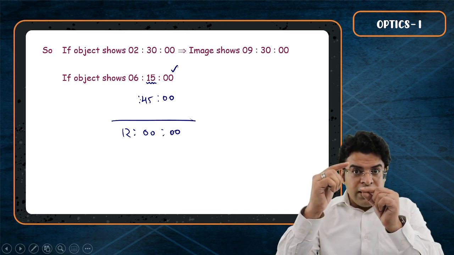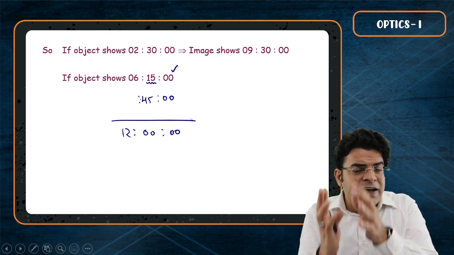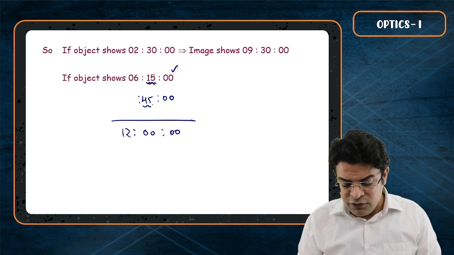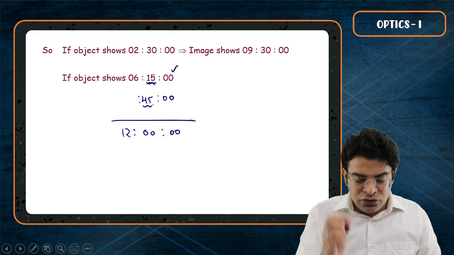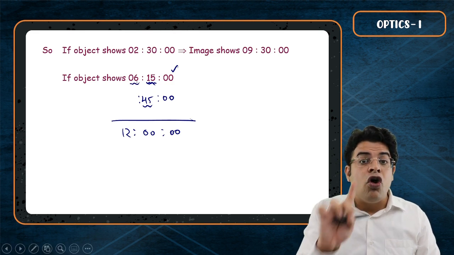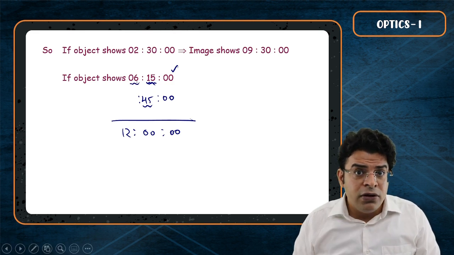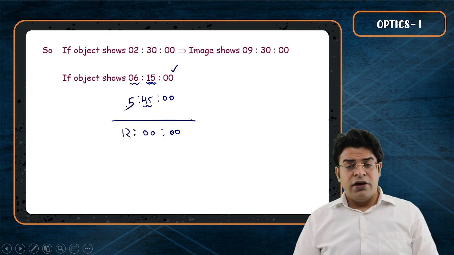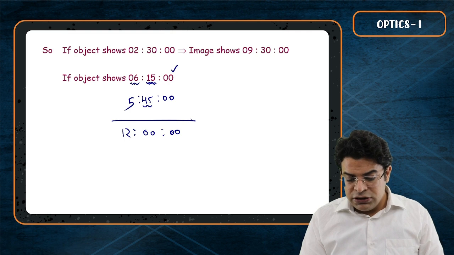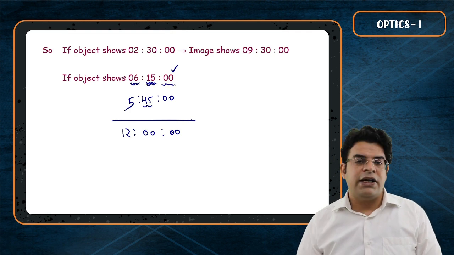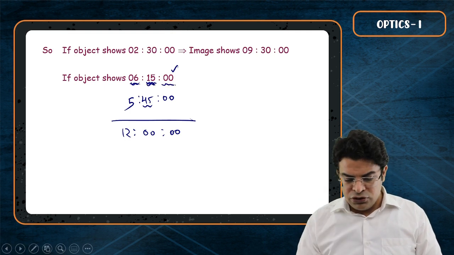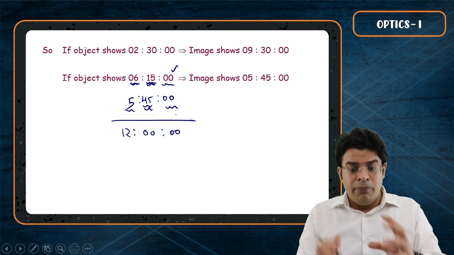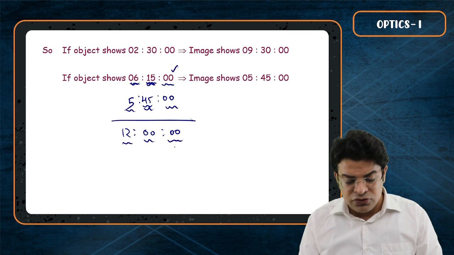So that 15 plus 45 becomes 60, and that can be completely converted into an hour. So the sum of this 6 plus something should only be 11, not 12. So 6 plus something is 11. What is that something? 5. So if the object clock shows 6 hour 15 minutes 00 second, then the image clock will show 5 hour 45 minutes 00 second, so that their sum becomes 12 hour 00 minutes 00 second.